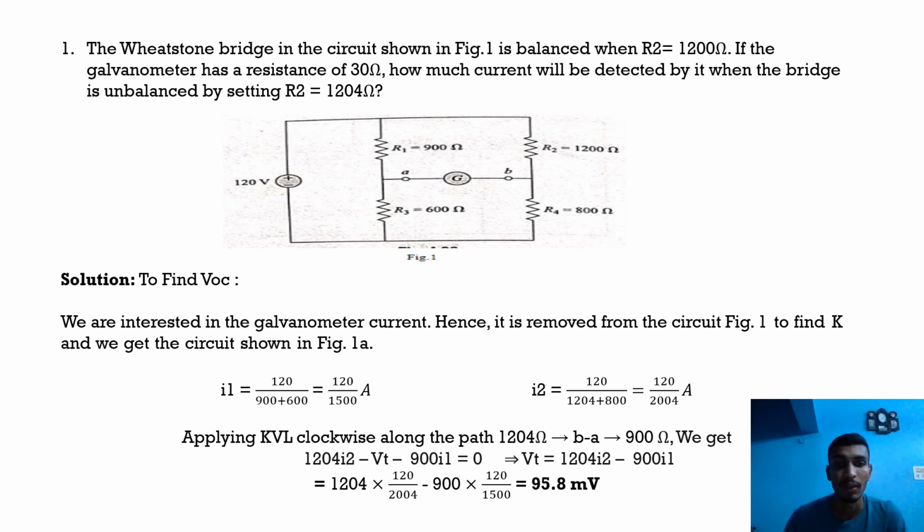Applying Kirchhoff voltage law clockwise along the path 1204 ohm to BA to 900 ohm, we get the value of Vth, that is the Thevenin's voltage, approximately equal to 95.8 millivolt.